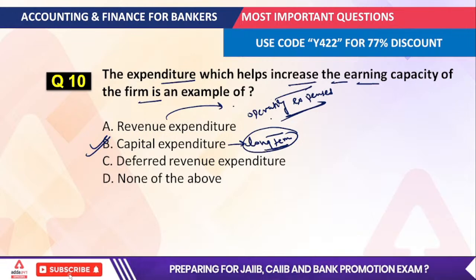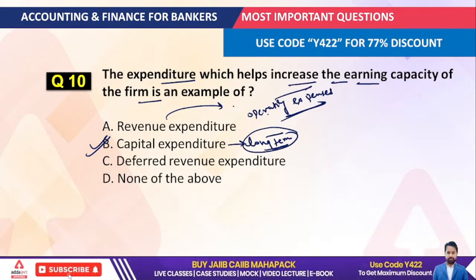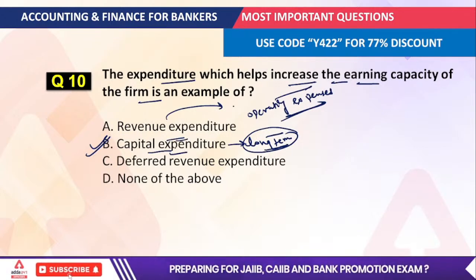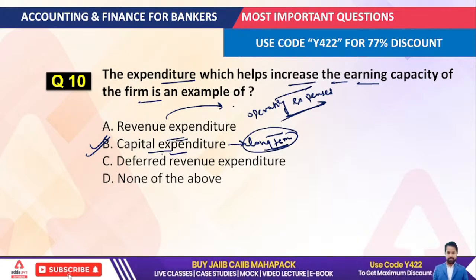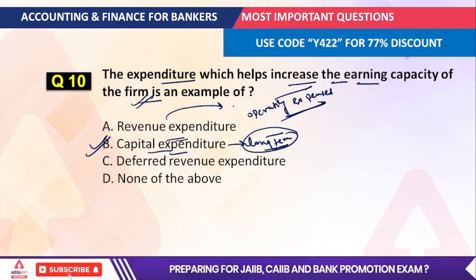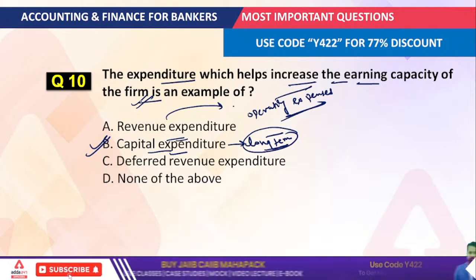And capital expenditure is the long-term perspective, so that would be your answer. The expenditure that helps increase the earning capacity of the firm is an example of capital expenditure. Okay, so that's all for this session.